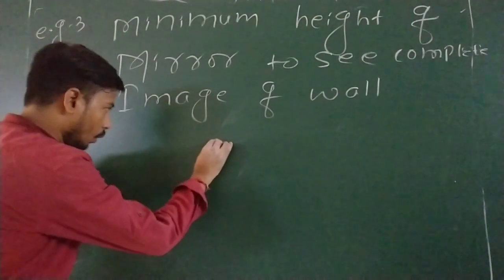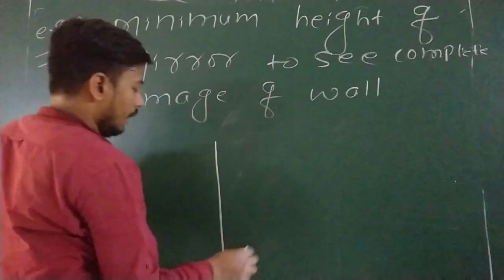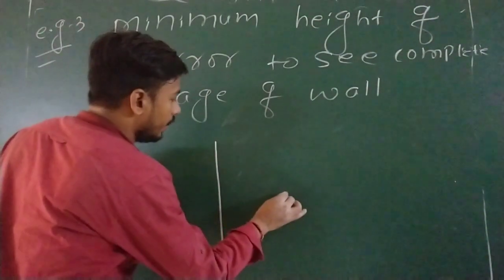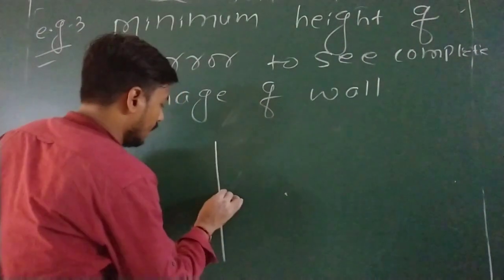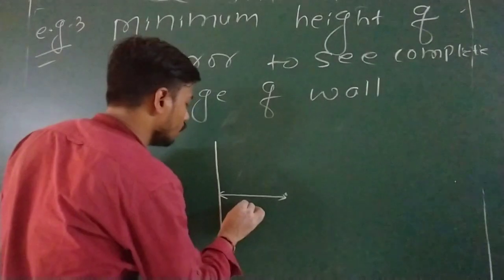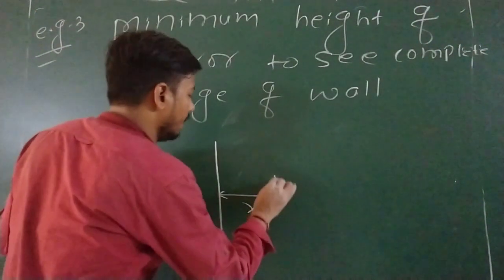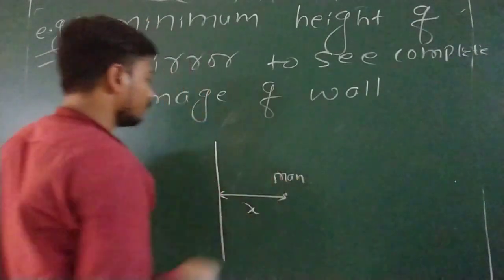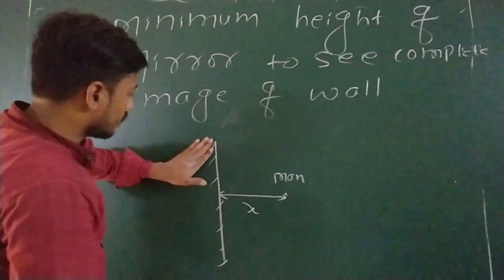Suppose that this is one wall and you are here, and this distance is, suppose, x. You are here, man, okay? But you are not able to see this wall.